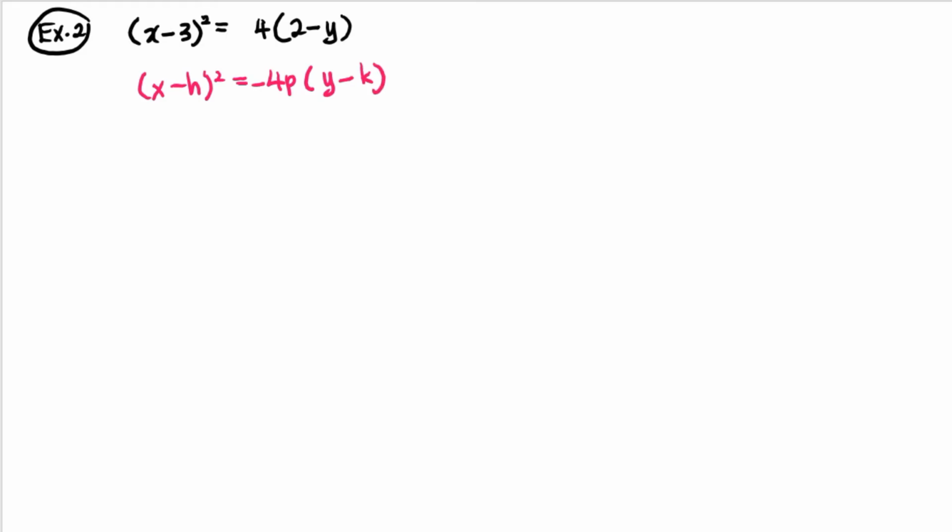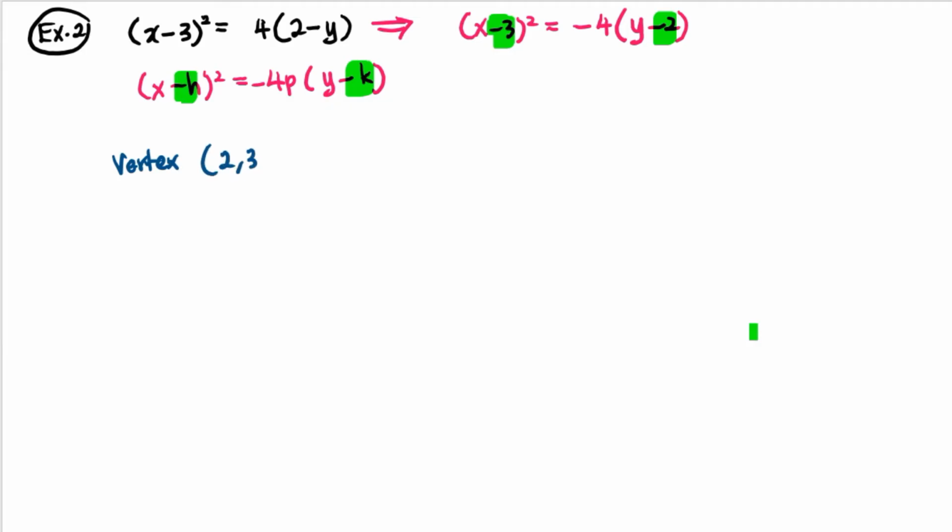When we transform this equation, we have x minus 3 squared equal to negative 4, and we factorize the negative there, we get y minus 2. Now we compare these two equations, so we get h, k given by 2 and 3. So the vertex is the point 2, 3.